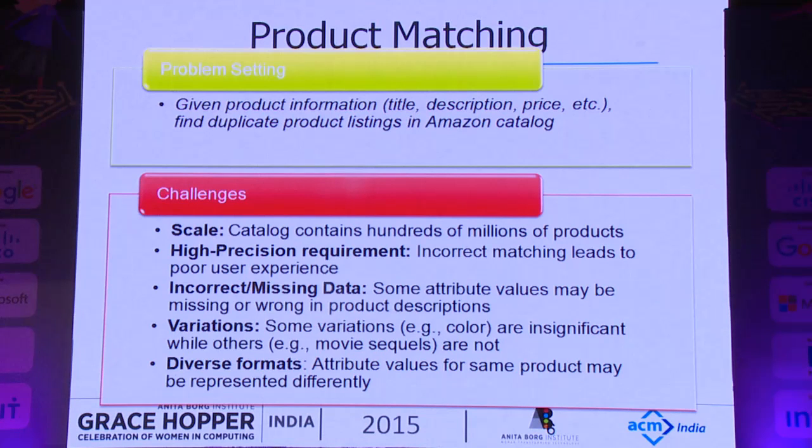For example, in the case of iPhones, you cannot club iPhone 5 and iPhone 6 together, because they are two different products. Whereas if you consider, let's say, a SanDisk pen drive, you can say 4 GB or 8 GB are variants of the same product. So it's very subjective, and that is where these diverse formats and variations come in.